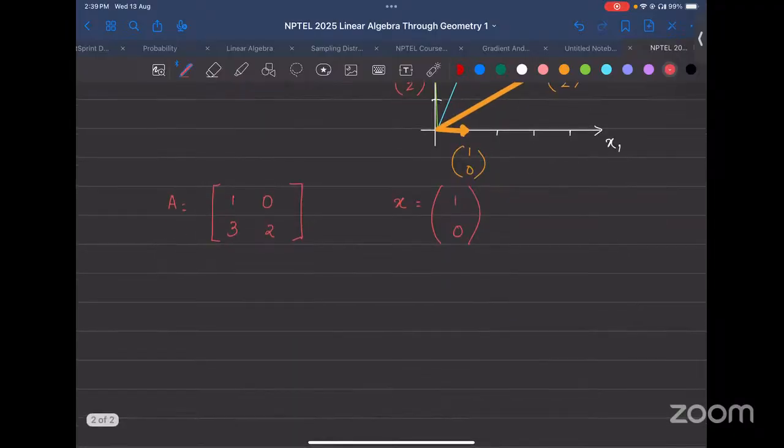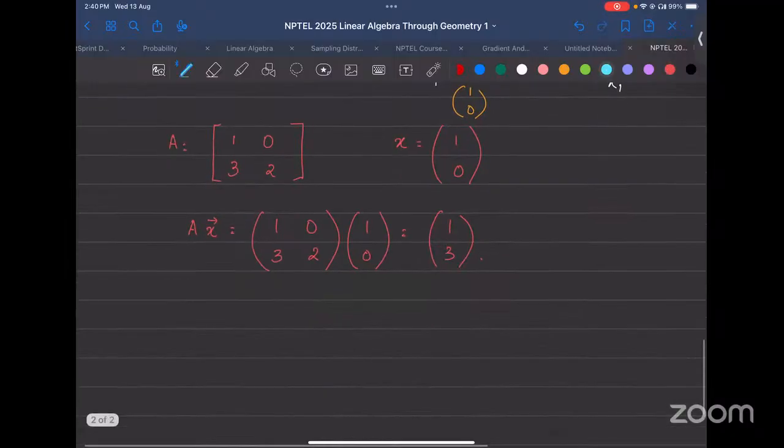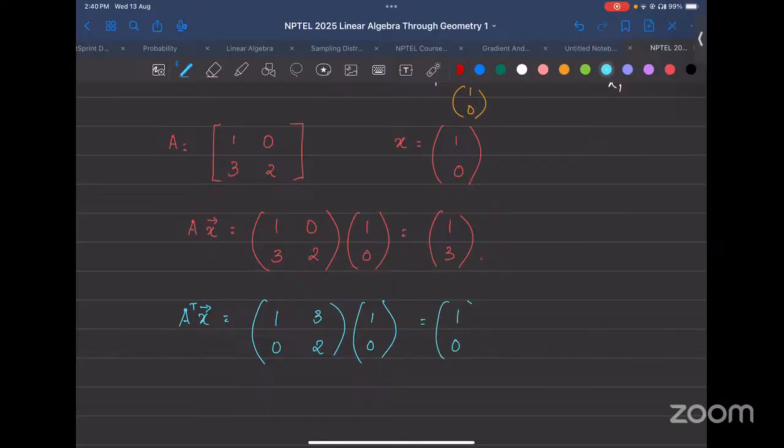If x is equal to 1, 0, then Ax is 1, 3, 0, 2 times 1, 0, which corresponds to 1, 3. If you look at A transpose x, A transpose is going to be 1, 0, 3, 2 times x, which is 1, 0. So this is going to remain 1, 0, right?